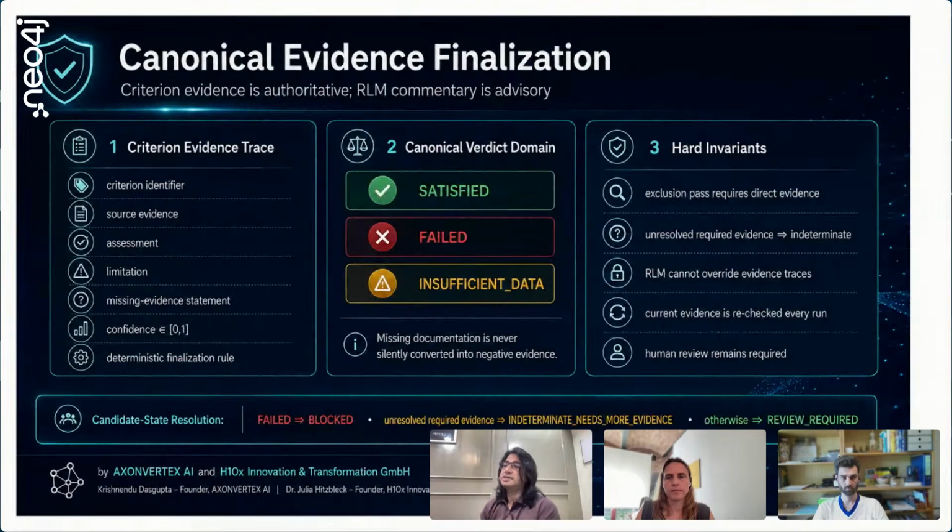For each of these criterion identifiers, we have a source evidence, we do an assessment, and then for the confidence, we make sure that it is a confidence score between 0 and 1. There is a deterministic finalization rule. The rule is as simple as that. Whatever be your inclusion criteria, if you have one exclusion criterion, you will definitely be excluded.